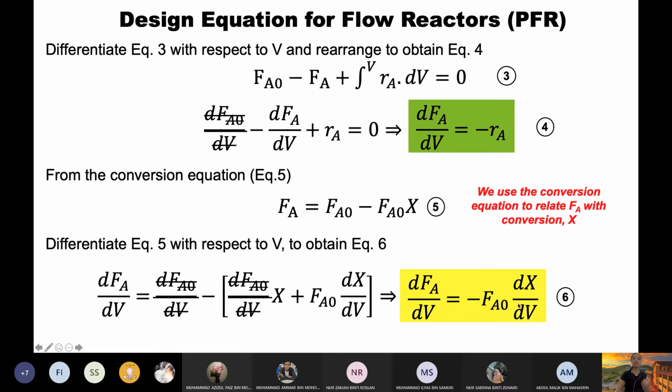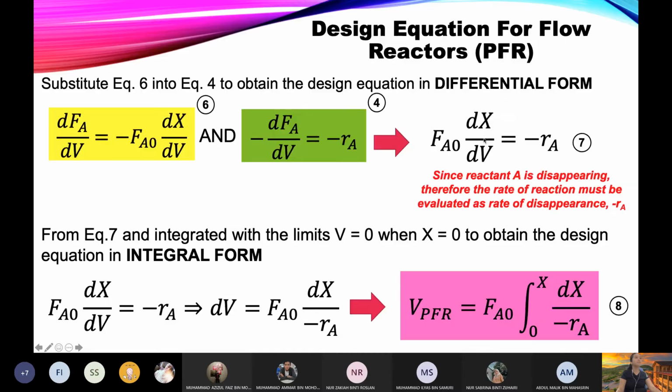So see tadi dalam equation 4 dFA per dV. Sebab saya kata we said that we need conversion. So now dFA per dV becomes minus FA naught dx per dV. So now what I do, I combine equation 4, equation 6. So meaning minus FA naught dx per dV equals to minus RA.